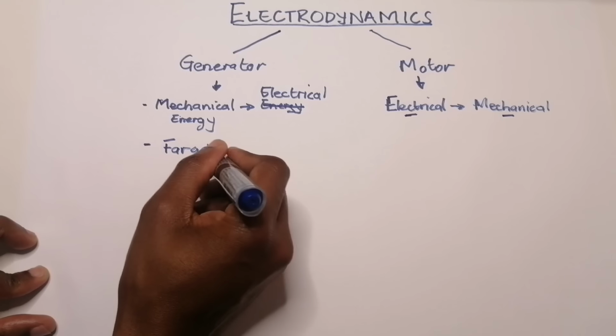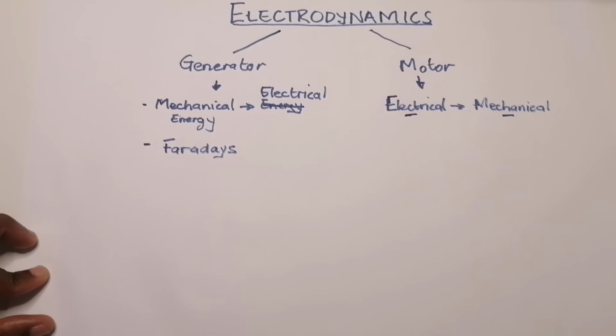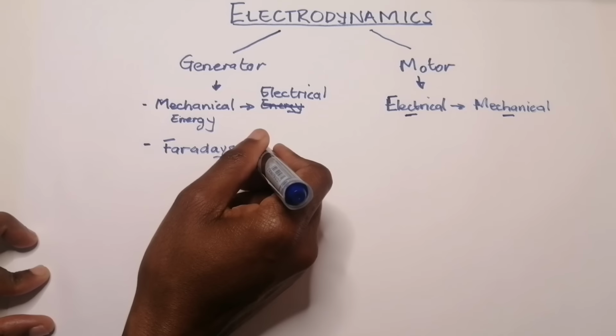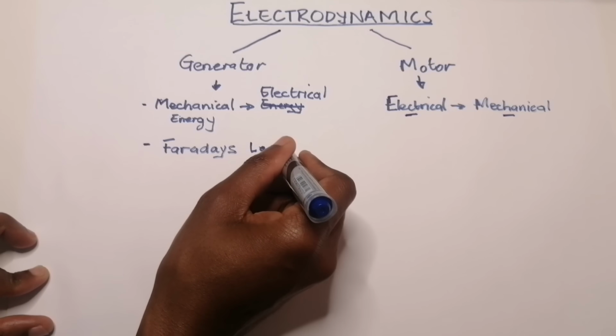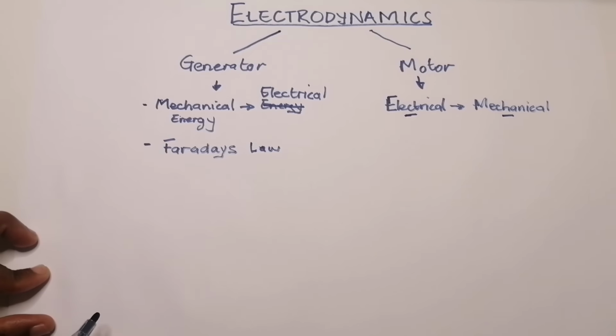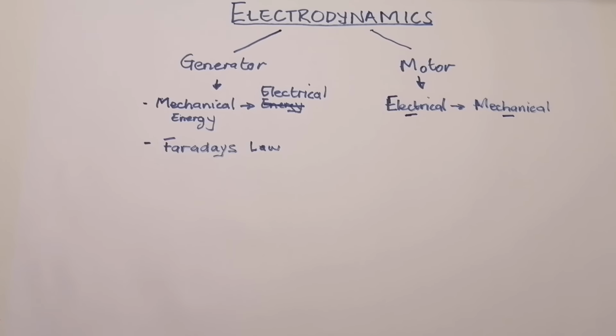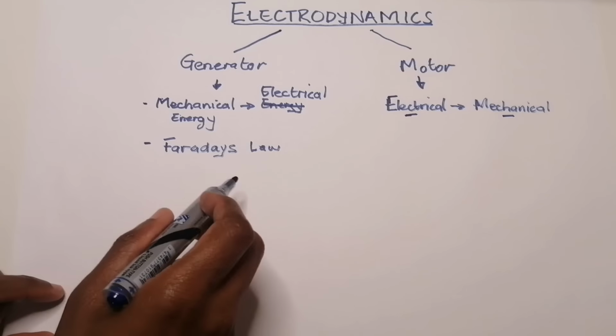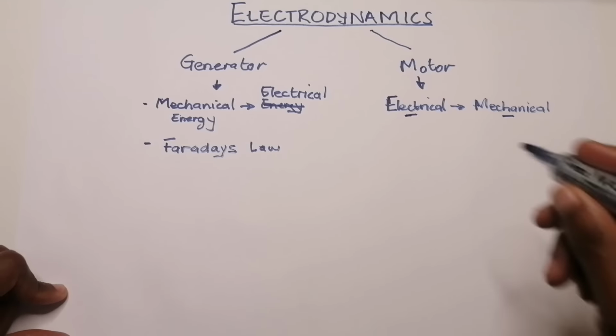For those of you in grade 12, you don't necessarily have to be able to define or state Faraday's law. All you need to remember is that a generator uses Faraday's law. That's the principle of physics that is used by a generator.